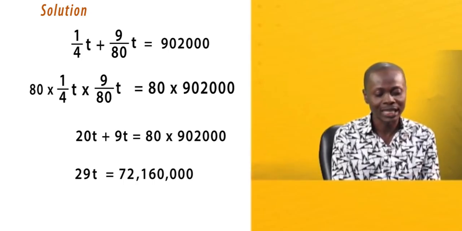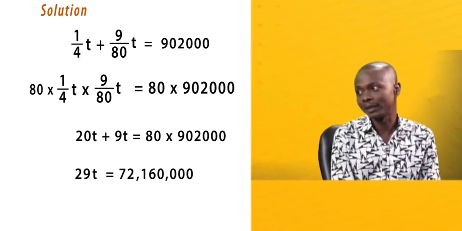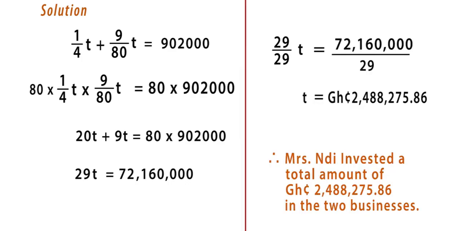And that will give us 29T equals 72,160,000 cedis. By simple change of subject, dividing through by 29, we are going to get T, which represents the total investment, to be equal to 2,488,275 cedis, 86 pesos.